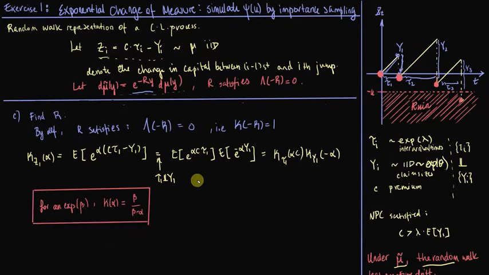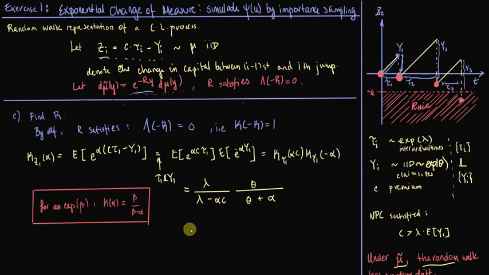So therefore, we can calculate the moment generating function of Z1 by considering the parameter in the distribution for tau, which was given as lambda, so it's lambda divided by lambda minus alpha c, and then for the moment generating function of y, you have theta divided by theta plus alpha.